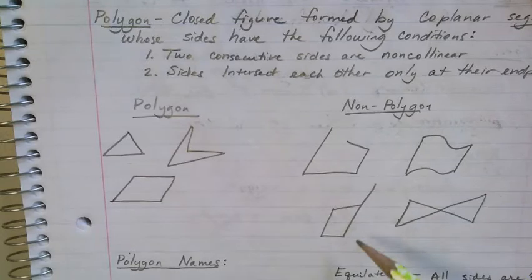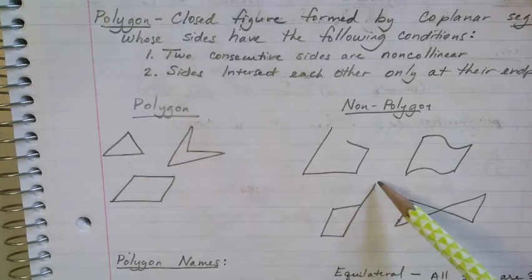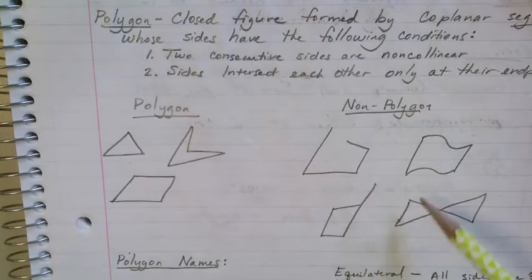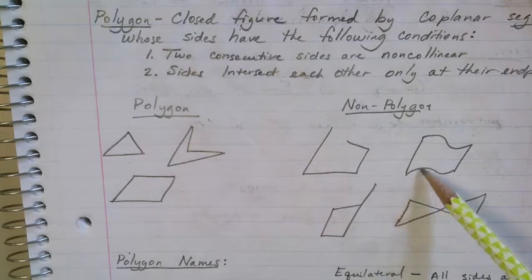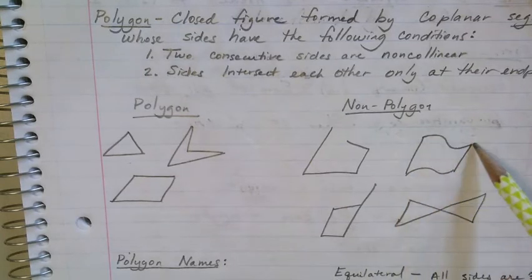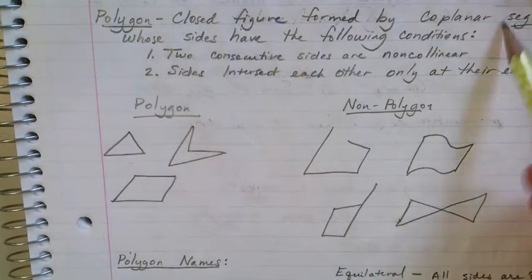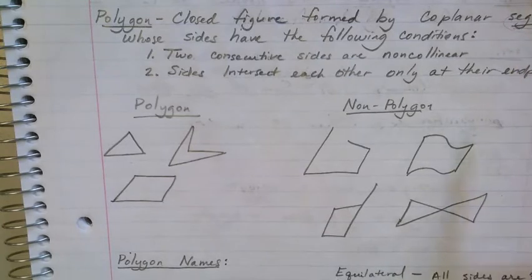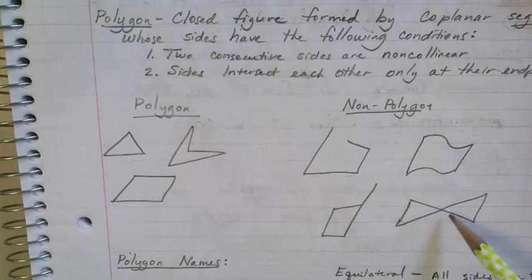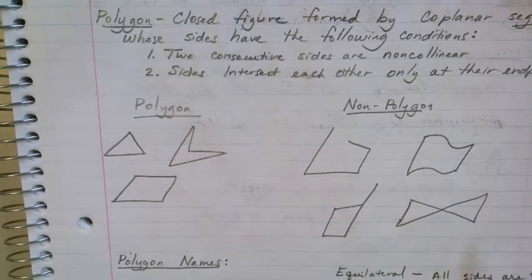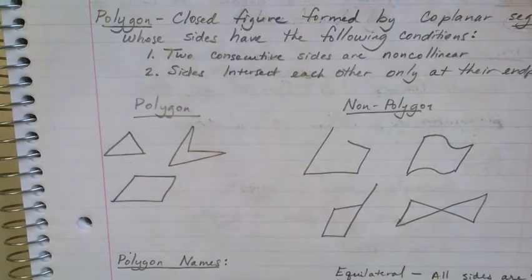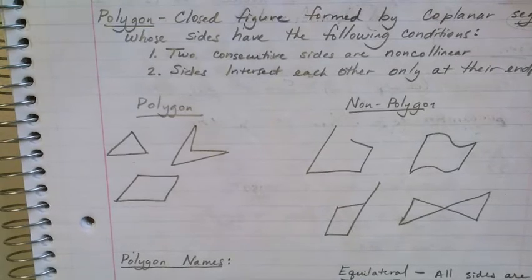This one isn't a polygon because the endpoint doesn't occur right at the end. This isn't a polygon because the sides have to be segments. I underlined that up here in my definition. They have to be segments. They can't be curves. And this one isn't a polygon because the intersections take place not at the endpoints of the segments. So again, just different types of polygons, and make sure you know how to recognize a polygon.